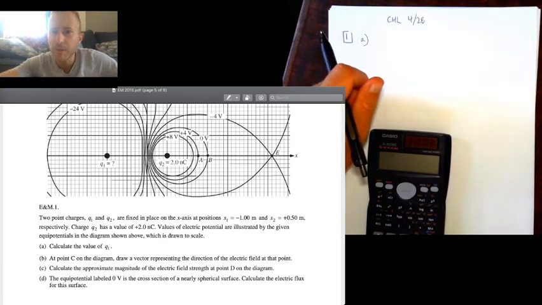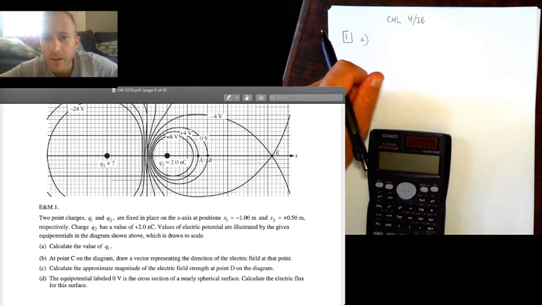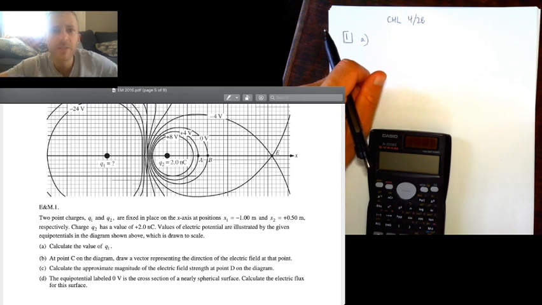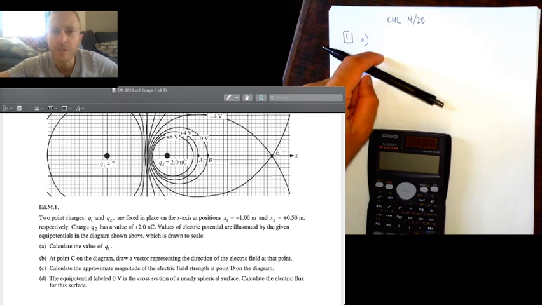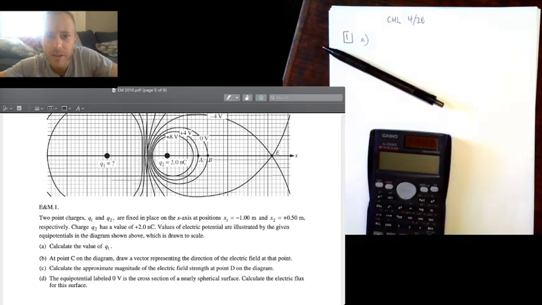So first of all, let's figure out what the scale is. I'm going to draw on this here. I want to annotate it. It looks like the origin is right here.